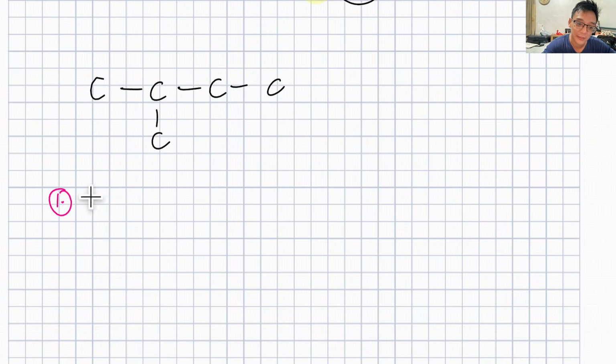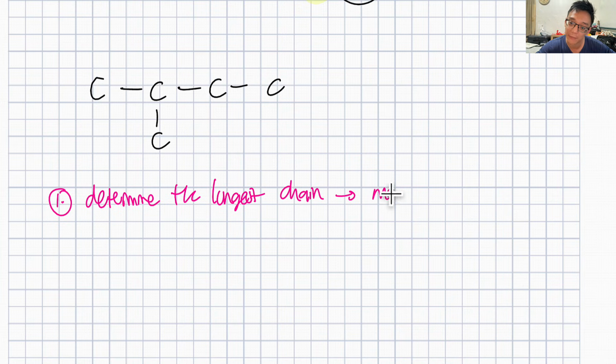First, you must determine the longest chain. This we call as the main branch or main chain. How can we find? We have to find from end to end the longest carbon to carbon. From end to end. It can bend, but it cannot jump zigzag like this. It cannot do. So there are some options.